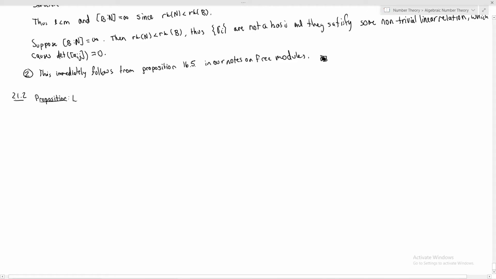Okay, we're going to let L be a finite separable extension of a field K, and let's say this extension has degree m.